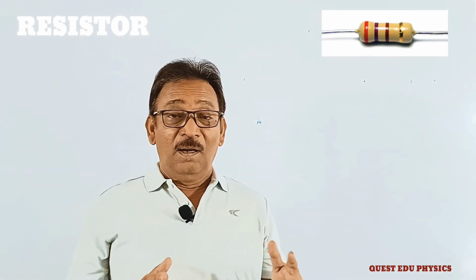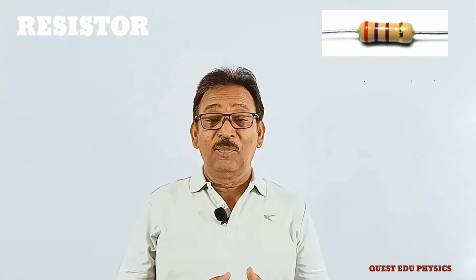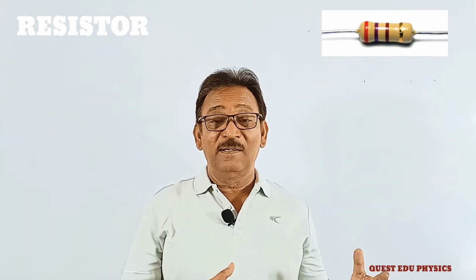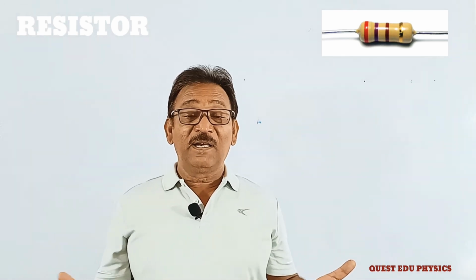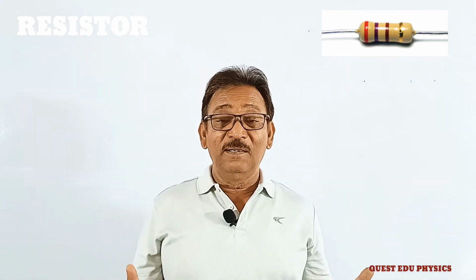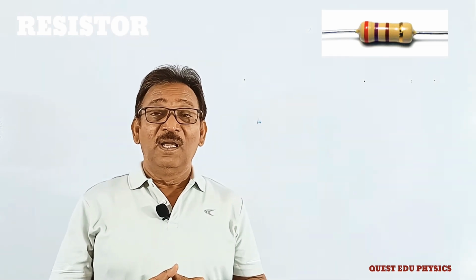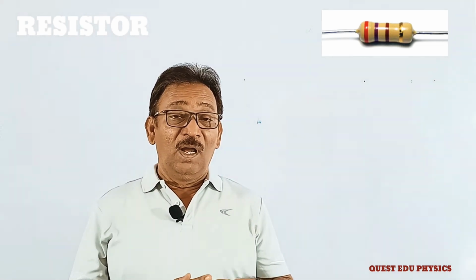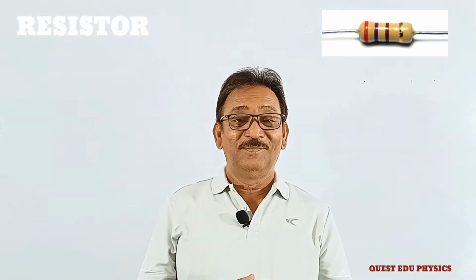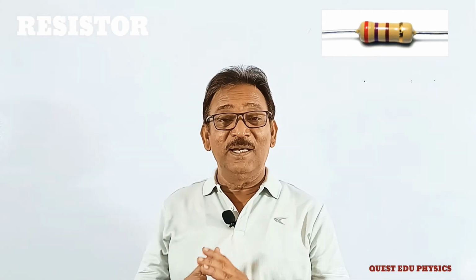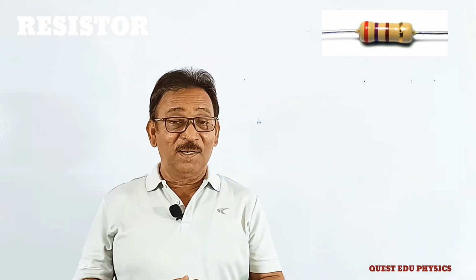I already told you, it opposes the flow of the current. And what is the flow of the current, students? What is electric current? You learned that current is nothing but the rate of flow of charges in a given interval of time.